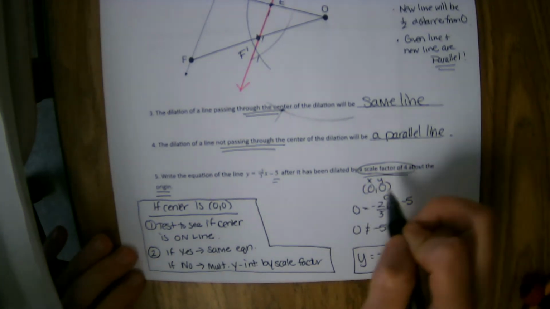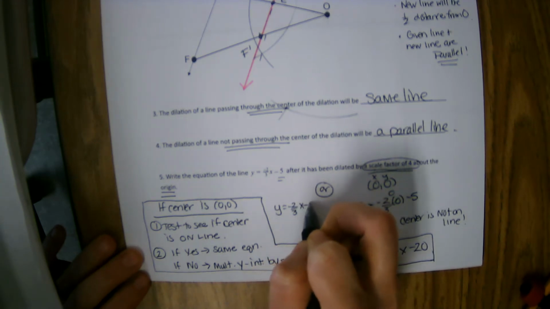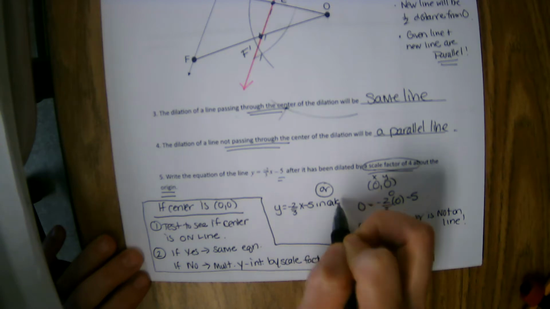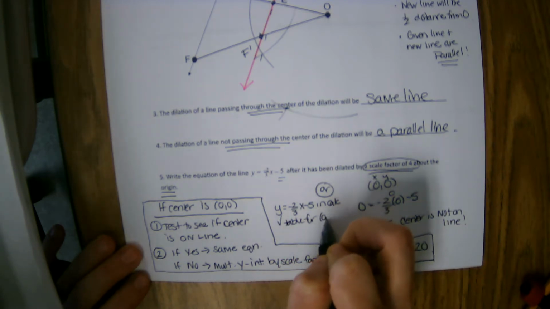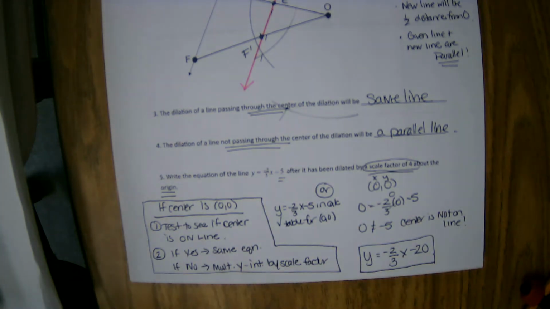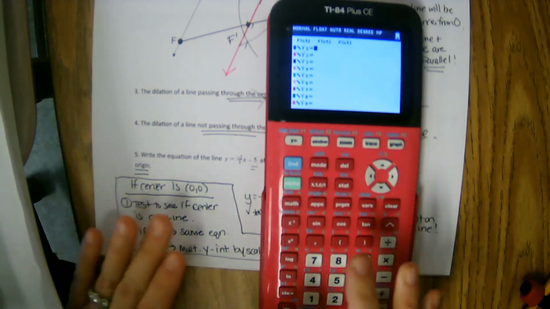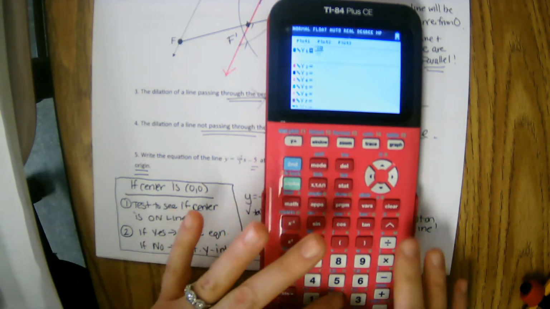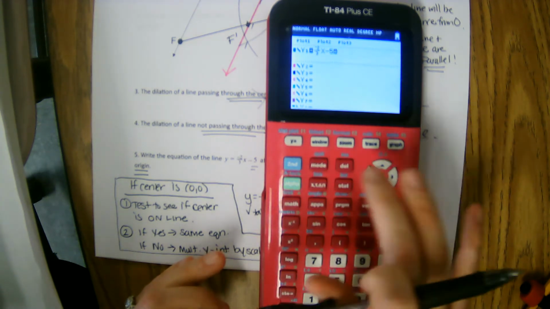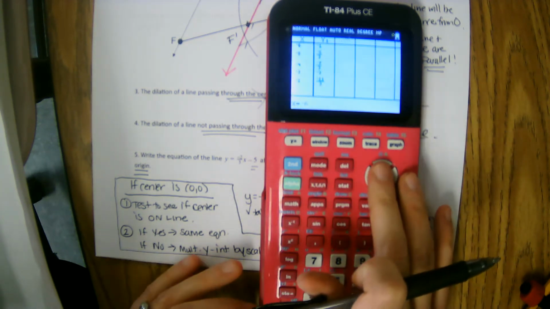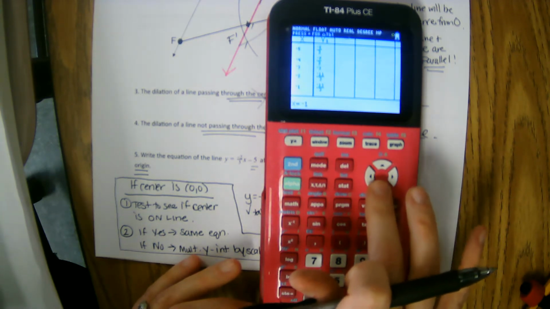Now you also can do a test here by putting y equals negative 2/3 x minus 5 in your calculator, and then checking the table for the point 0, 0. So just going to your calculator and typing in negative 2/3 x minus 5, go to your table, and then we want to go to 0, 0 this way.